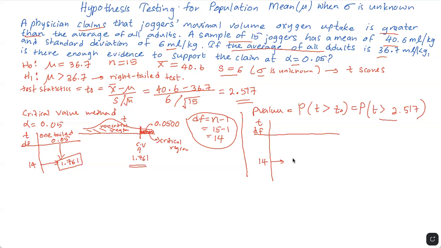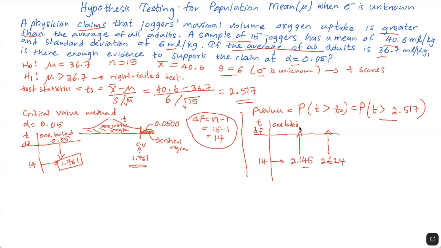So you will see those two values that 2.517 falls between: 2.145 and 2.624. So this 2.517 is between these two numbers. And then you have to look at the corresponding alpha value for these two values. Under one tail, look at the alpha values.